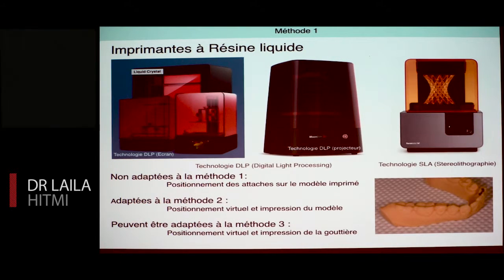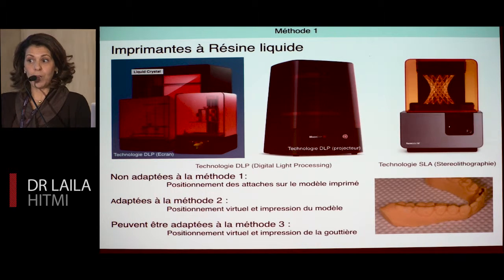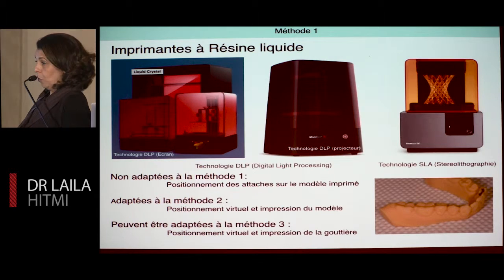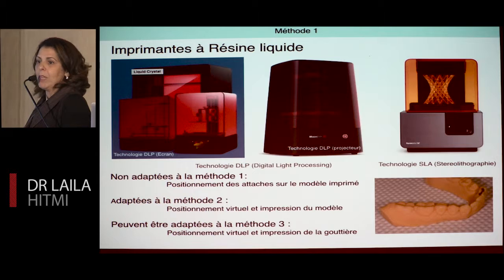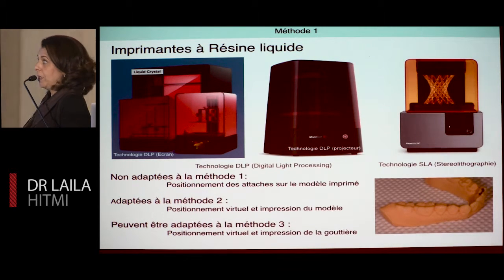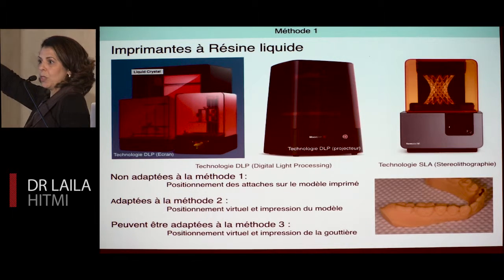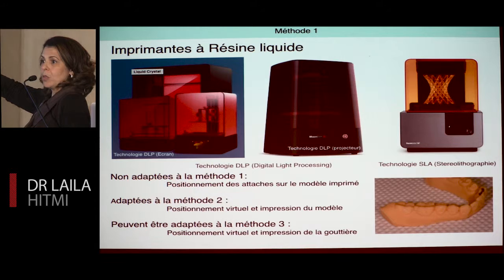Suffice to say that none of these printers are suitable for the first technique. You cannot bond on resin models. However, they are suitable for the second technique. And it depends very much on the technique you're going to choose. If you position the attachment on the model, well, forget about this type of printer.